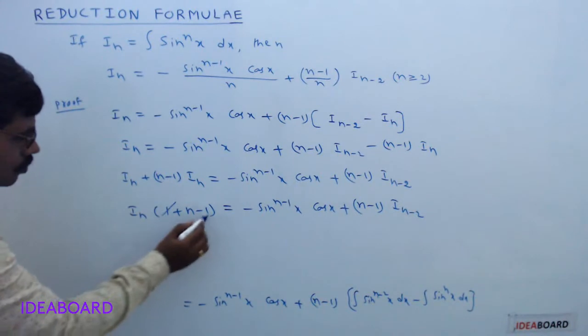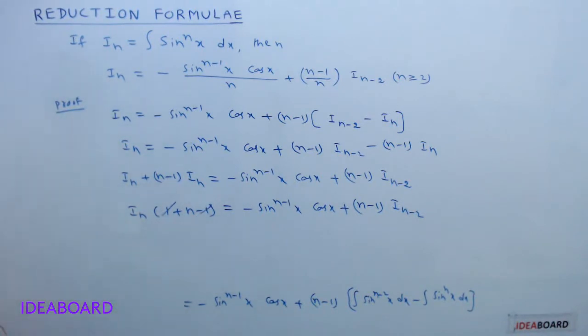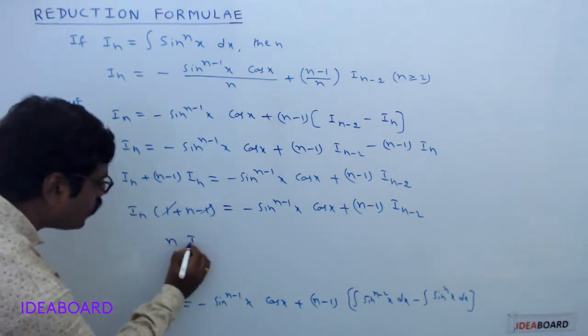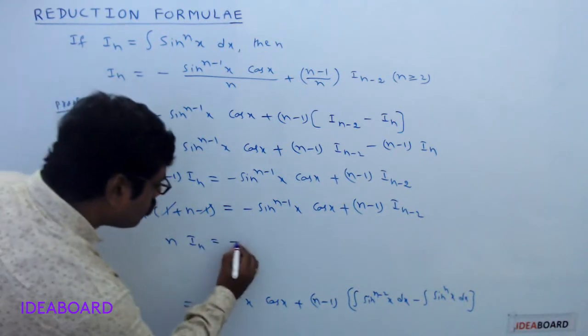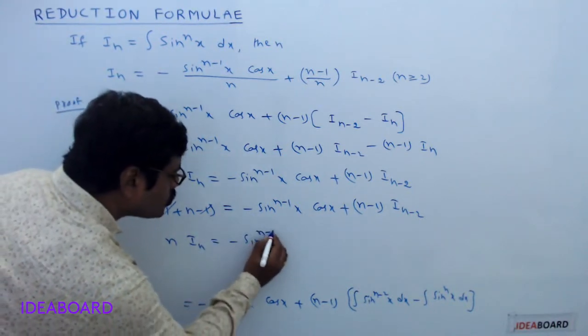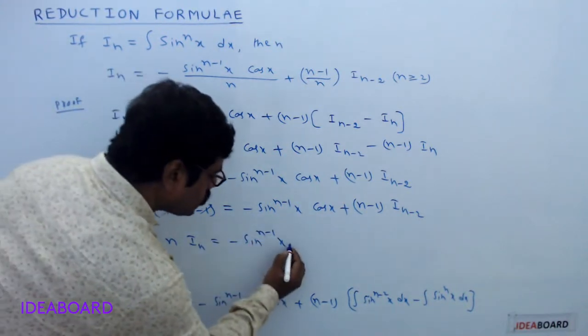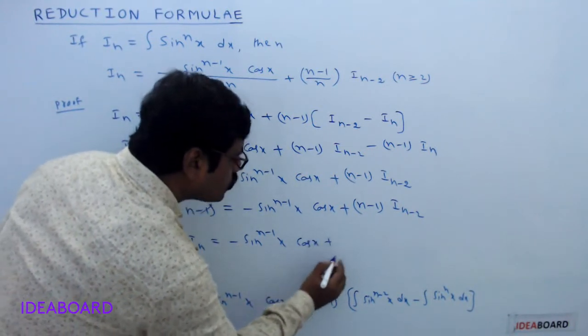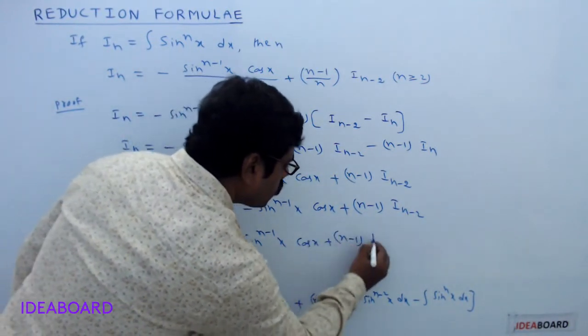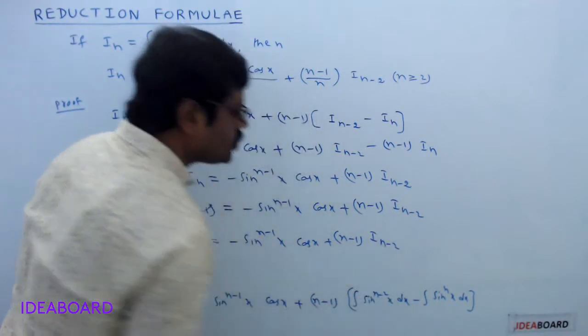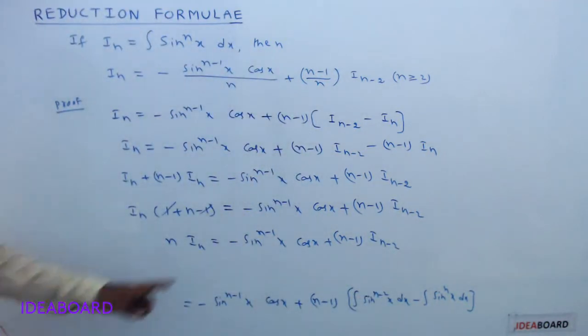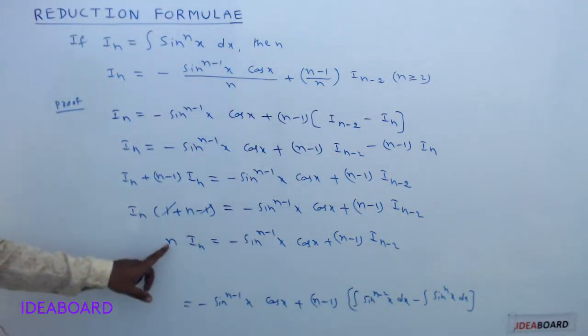Now here plus 1 and minus 1 will be cancelled. So this is n into I_n equals minus sin^(n-1)x into cos x plus (n-1) into I_(n-2). Now divide this equation on both sides with n.